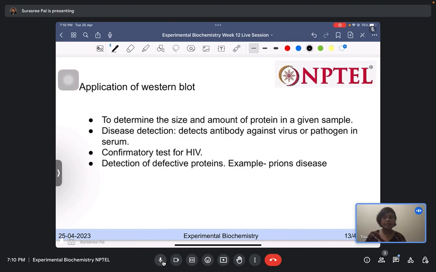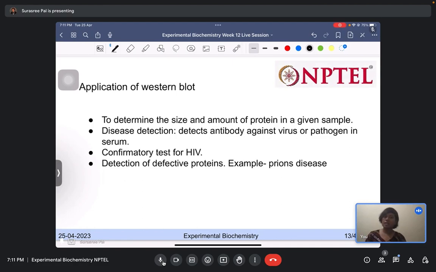Western blot is a semi-quantitative technique, because from the intensity of the band we can assume whether the protein is present in large amount or in small amount. Also for the size, we run a protein ladder on the gel, which will also be transferred on the blot, and from the size of the protein ladder we will be able to determine the size of our protein of interest.